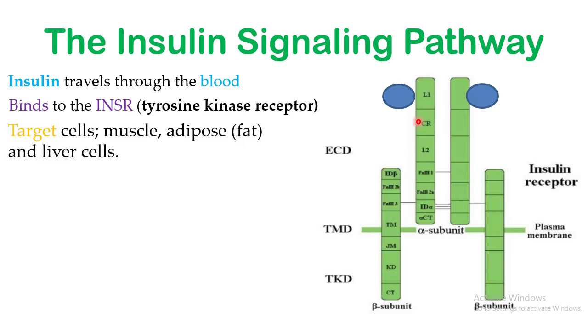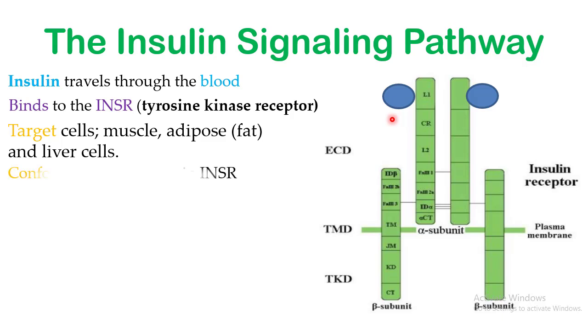Now, what are the target cells? What I mean by that is, where are these insulin receptors present? You are going to see these insulin receptors on the muscle cells, on the adipose cells, and on the liver cells. So the liver, the muscles, and the adipose cells are where these receptors are present, and the insulin molecules are going to bind to them.